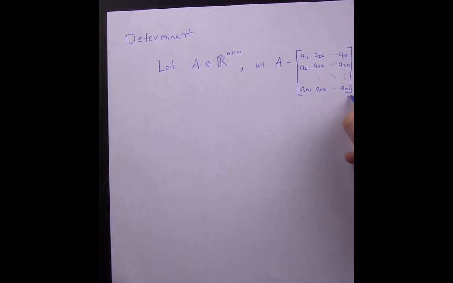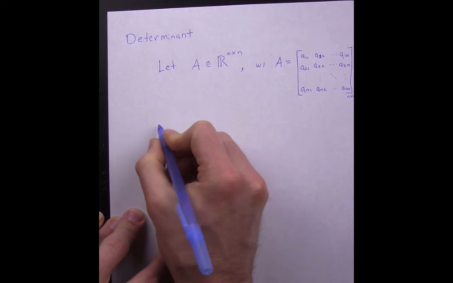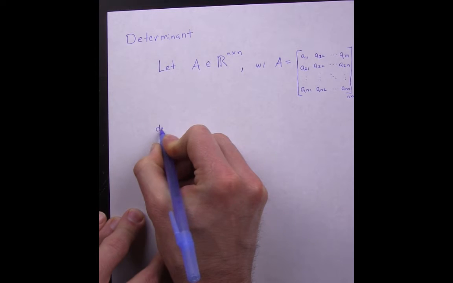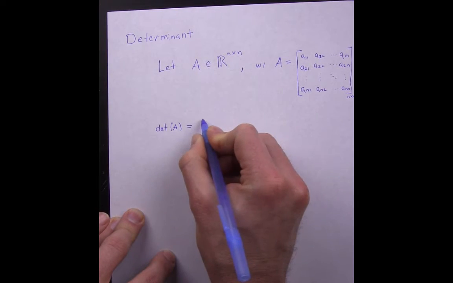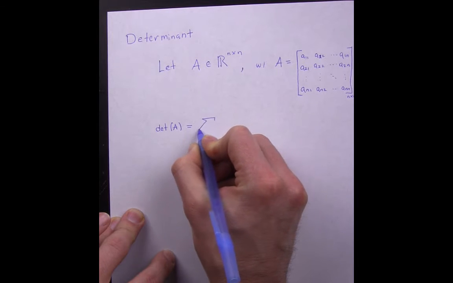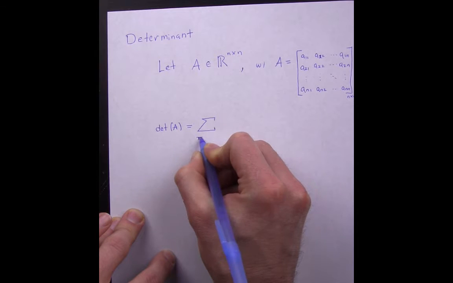So here is an n by n matrix. We define the determinant of this matrix, the determinant of A, to be a sum with n factorial summands. We're going to talk about this in detail.